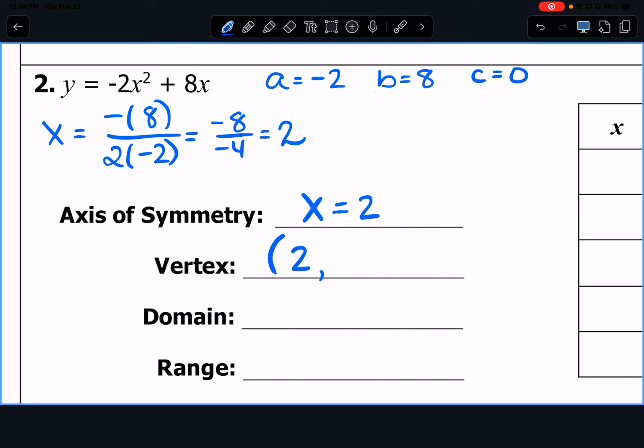What do I do to find the y coordinate? Type it in the calculator. So we get y is equal to negative 2 times 2 squared plus 8 times 2. So someone do that and tell me what my y is equal to. It is 8.